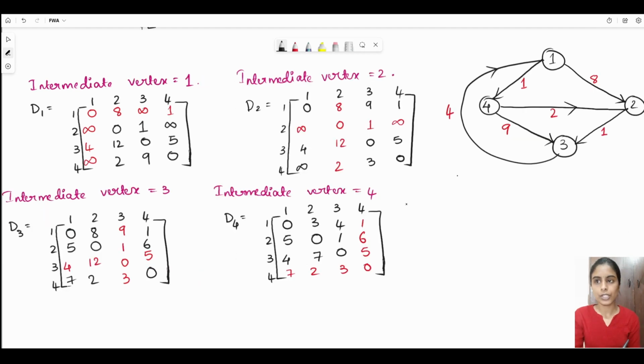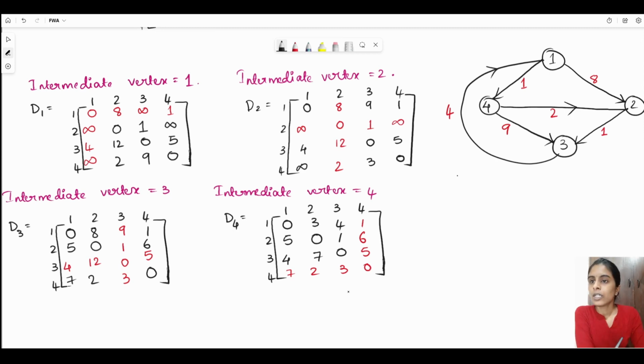Following the same procedure, we can obtain the matrices D3 and D4 where the intermediate vertex is 3 and 4 respectively. And these are the matrix entries that we have obtained by following the same procedure that we did for D1 and D2.